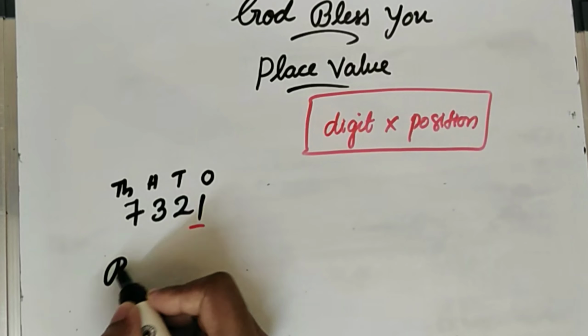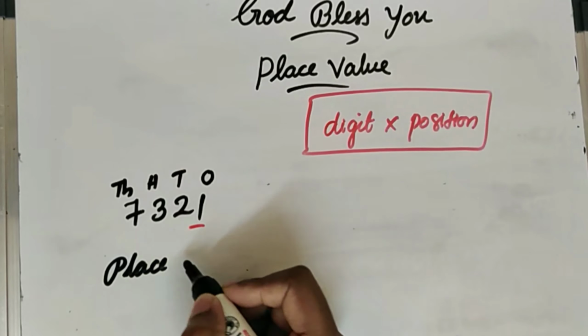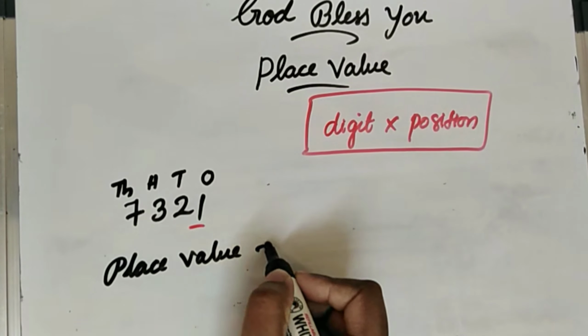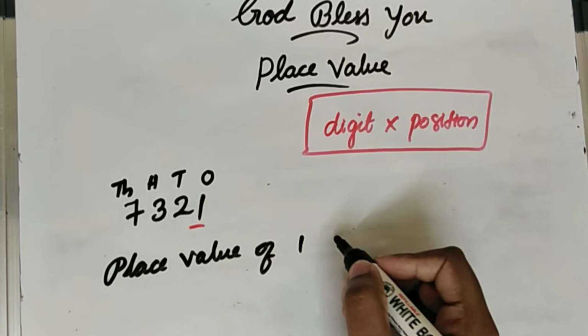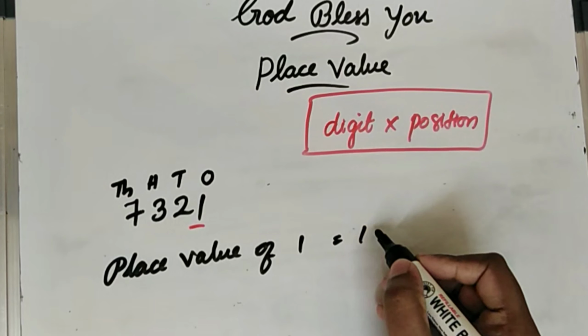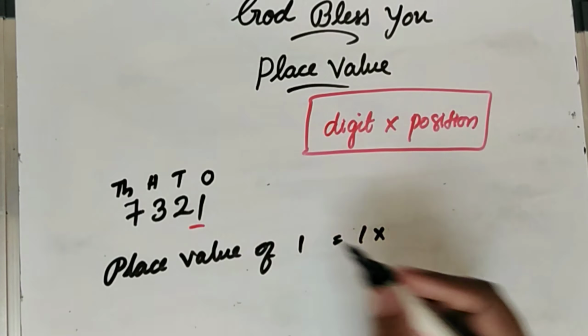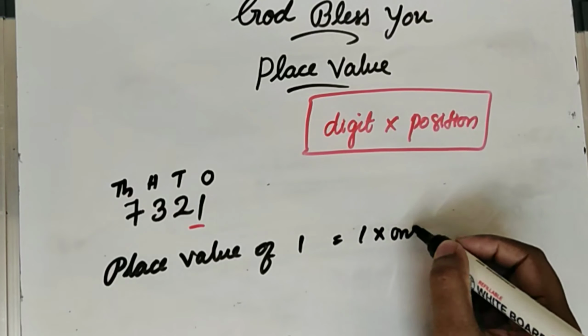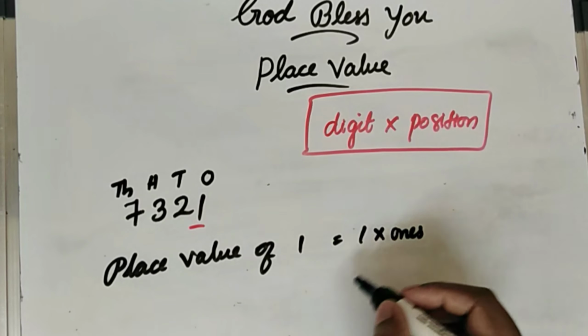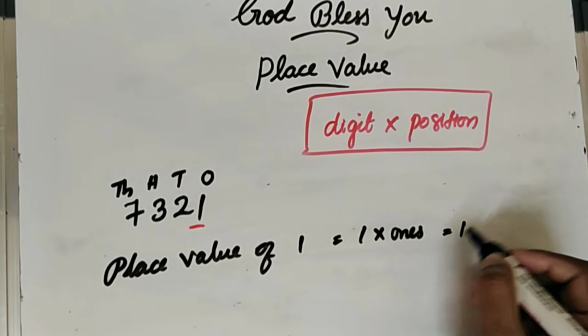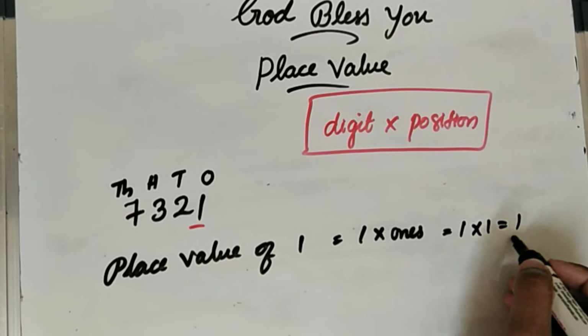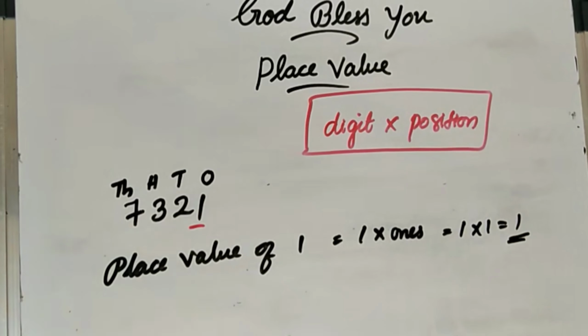So the place value of 1 equals 1 into its position, which is 1's position. 1's position can be written as 1 itself. 1 into 1 is equal to 1. Therefore the place value of 1 is equal to 1.